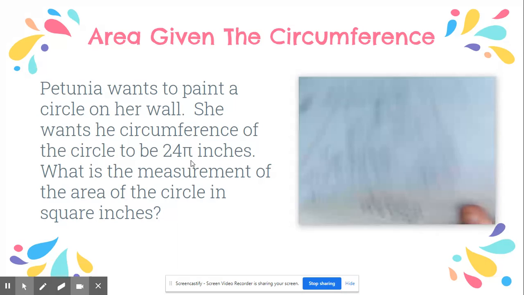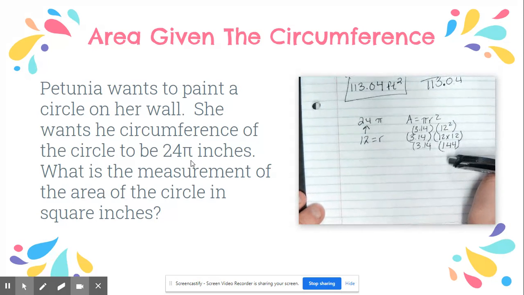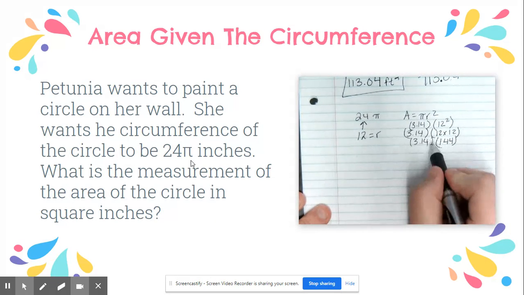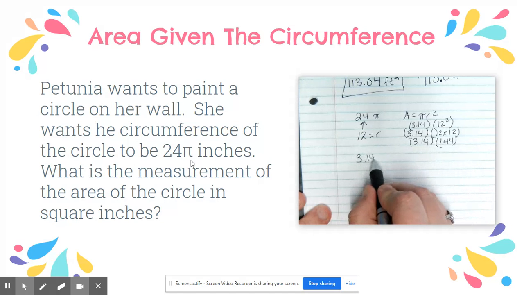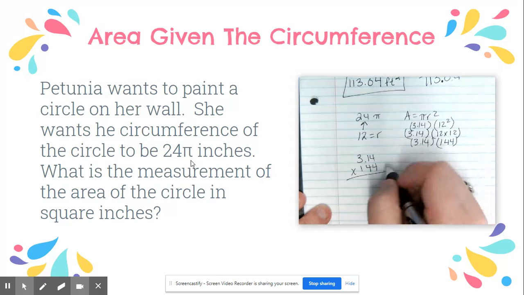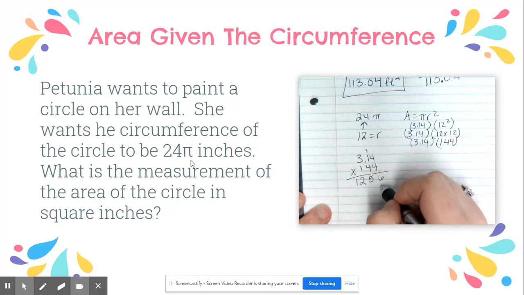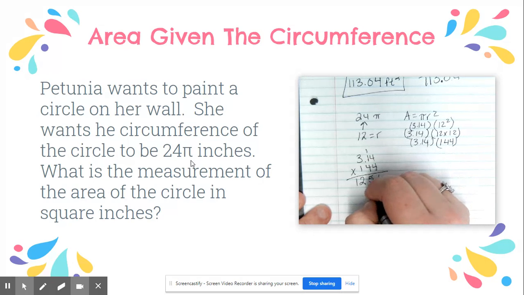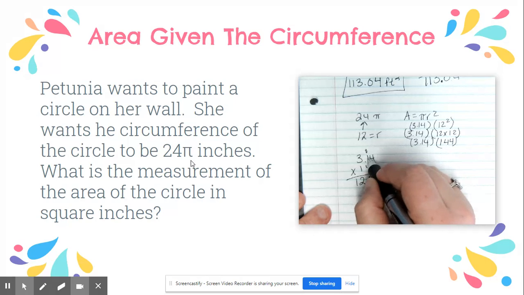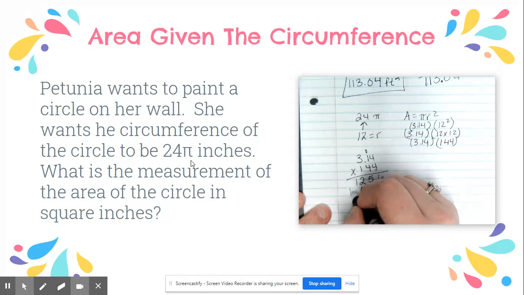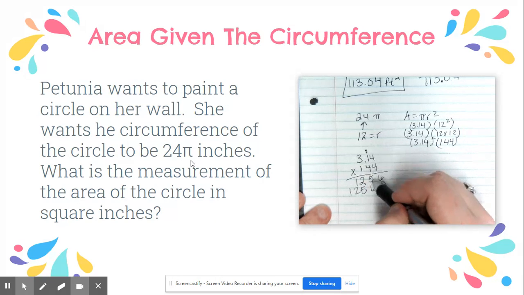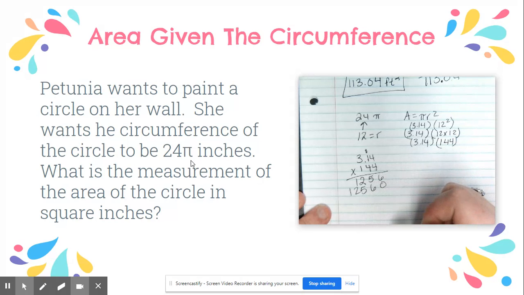So we're going to do 3.14 times 144. 4 times 4 is 16. 4 times 1 is 4 plus 1 is 5. 4 times 3 is 12. Then a 0, and 4 times 4 is 16, 4 times 1 is 4 plus 1 is 5, 4 times 3 is 12. We multiplied the same thing each time, so they're the same numbers, except for the 0 at the end because we're in the tens place.